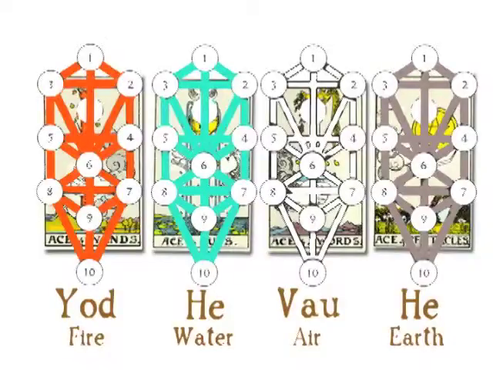And those represent the four worlds of manifestation. Could you say a little bit more about that? Well, yes, it's like there are four flavors of manifestation in the tarot, beginning with the tree that is represented by fire, Yod, and then you go to the next tree from ace to 10, which is cups.